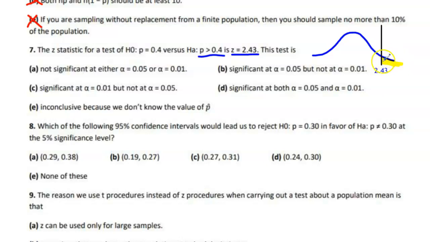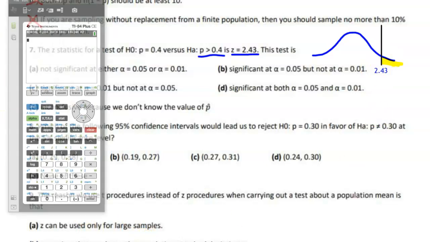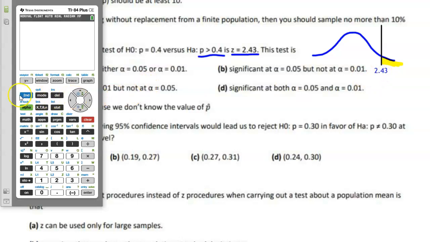Now what I have to do is figure out what that area is, and in order to do that, I'm going to use my calculator. So I turn to my trusty calculator, and I'm going to use normalcdf. I know that my lower bound for this shaded region is going to be 2.43, and my upper bound is going to be positive infinity.